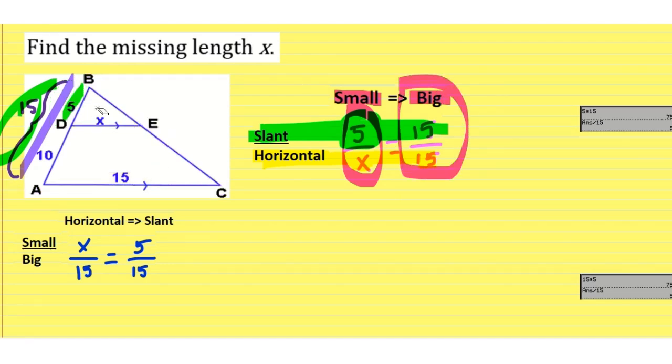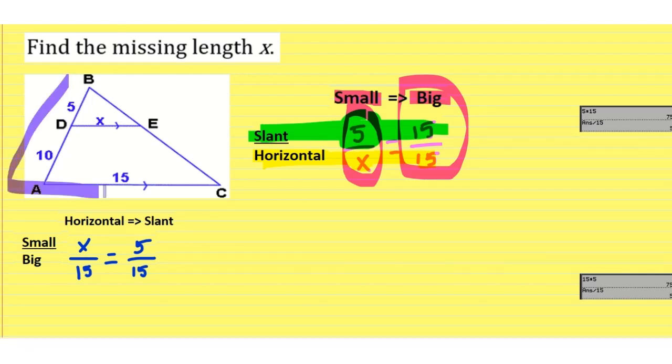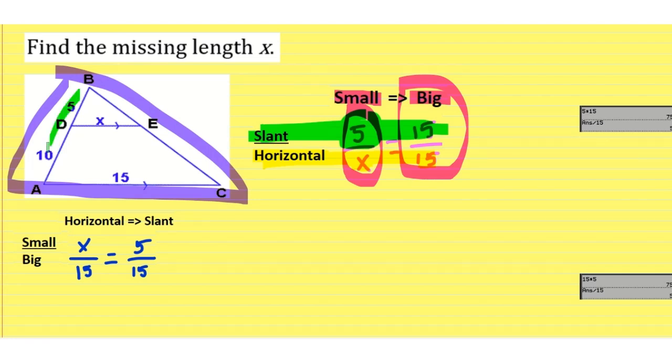Let me erase that so we can see it more clearly. Okay, so I've got the big triangle here, and I've got 15 related to 15. So the slant side of the big one is 15, and the horizontal side is also 15. Okay, so again, we've set up a ratio equal to a ratio, and that means that we can now cross multiply.